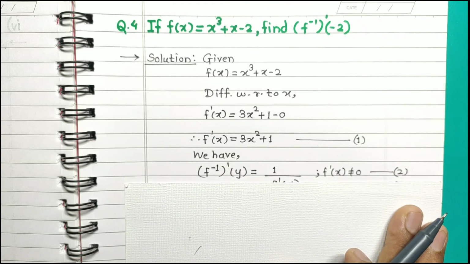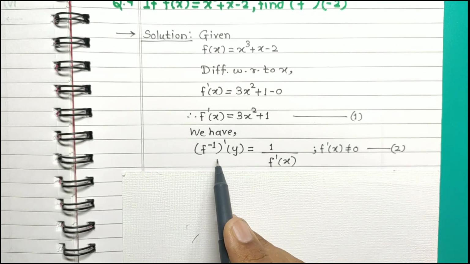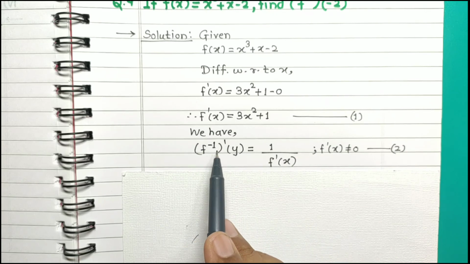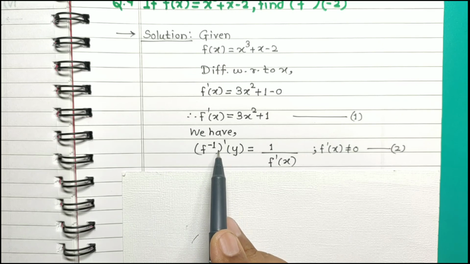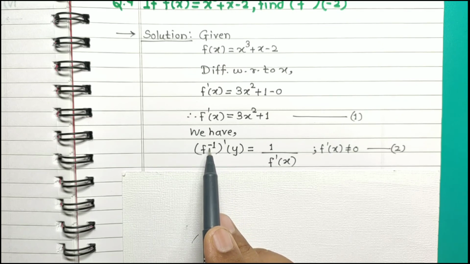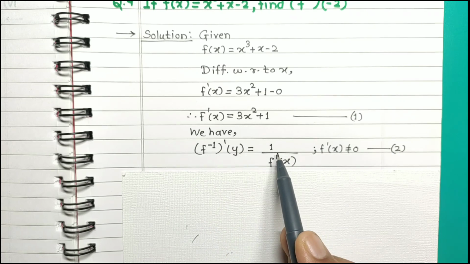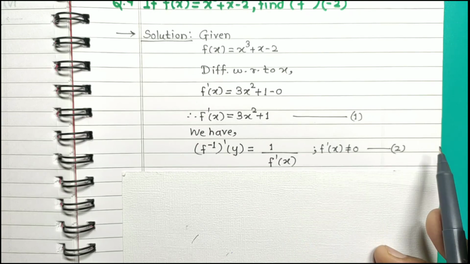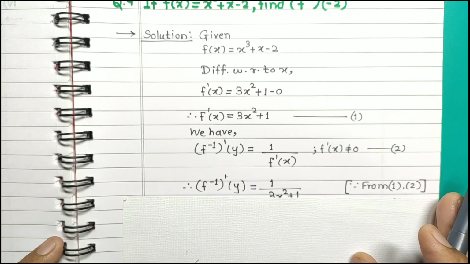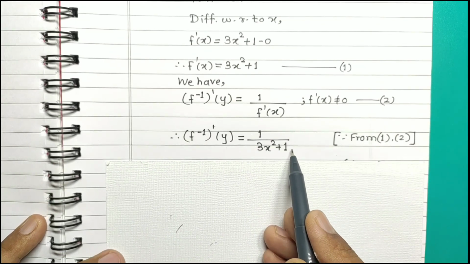And I have used notation like this: the dash denotes derivative, so f inverse dash means the derivative of the inverse function of f. So f inverse dash of y is equal to 1 upon f dash of x, call it equation number 2. From 1 and 2 we have this derivative as 1 upon 3x² + 1.